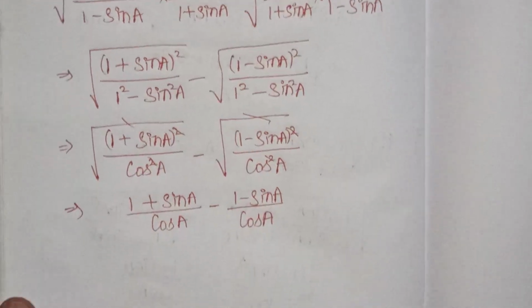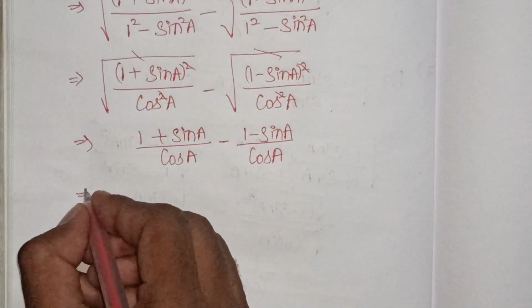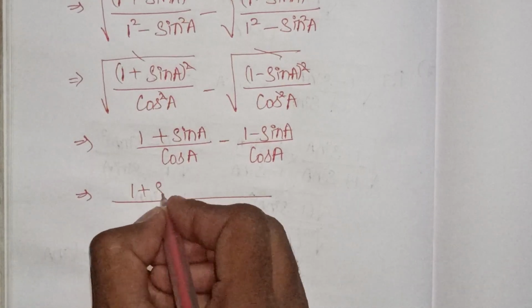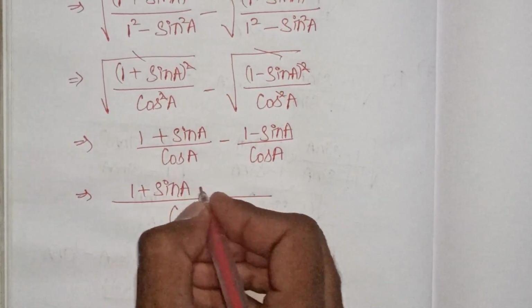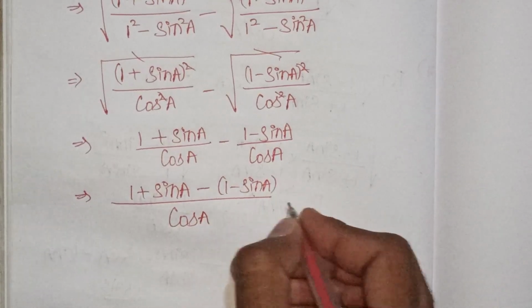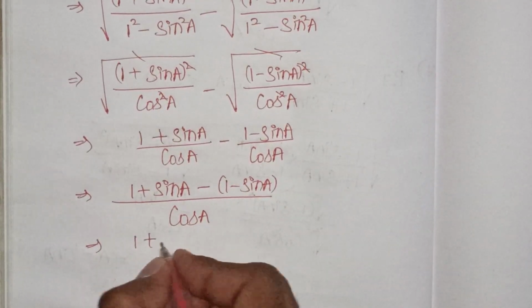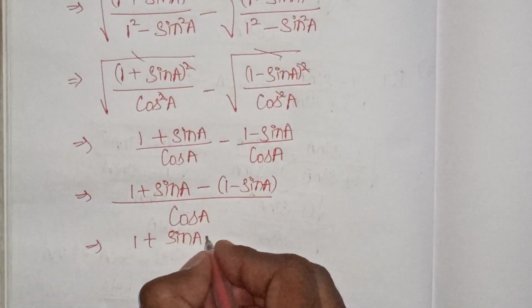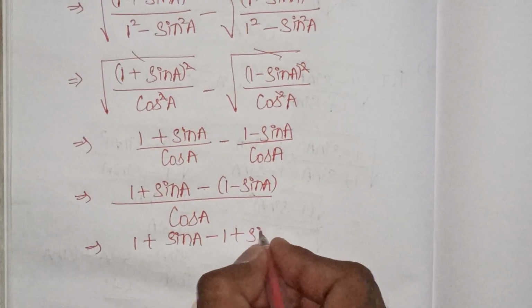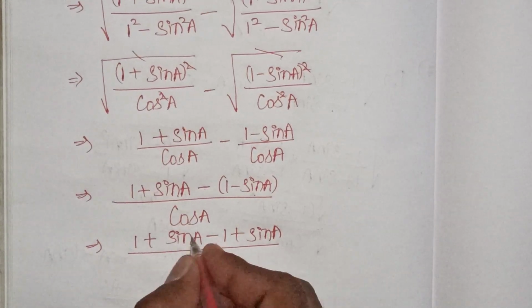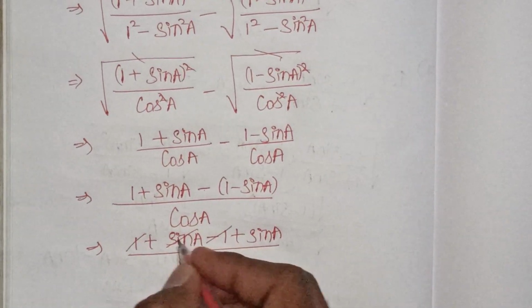Now the denominators are same. Let us take LCM. Cos A, 1 plus sin A minus of 1 minus sin A. Therefore, 1 plus sin A, multiplying with the minus symbol, that is minus 1 plus sin A, divided by cos A. Plus 1 and minus 1 is cancelled.